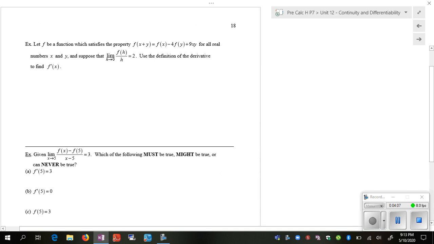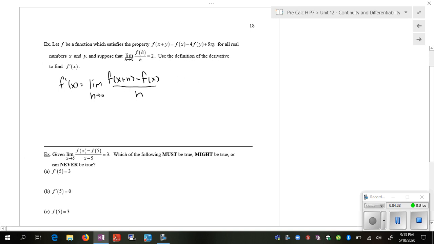So if I'm trying to find f prime of x, f prime of x is going to be the limit as h goes to 0 of, and again, I'm using the original definition because this one in particular is telling me that the limit as h goes to 0. And that definition is f of x plus h minus f of x over h.